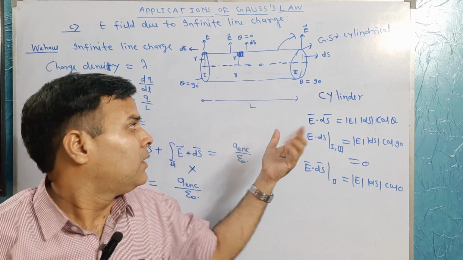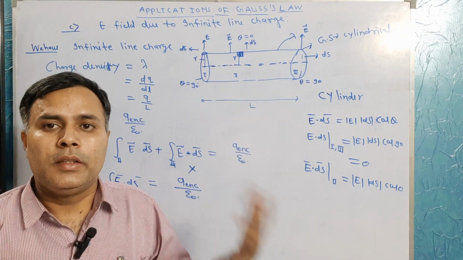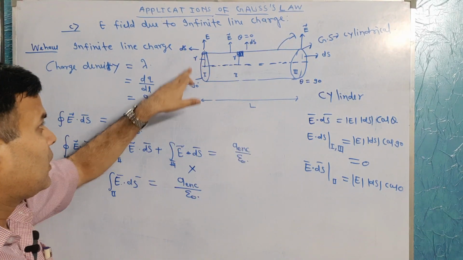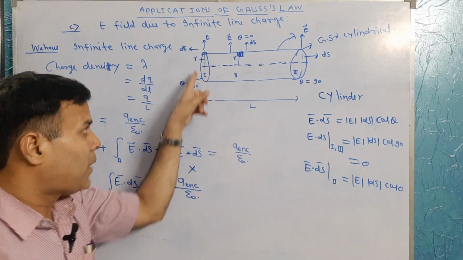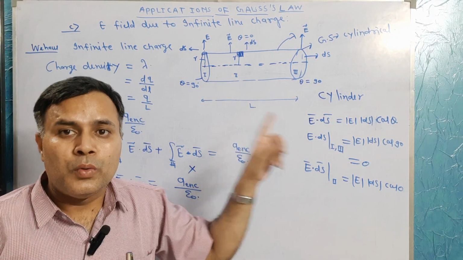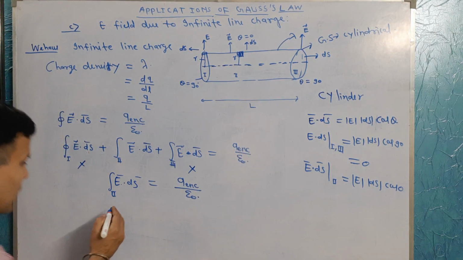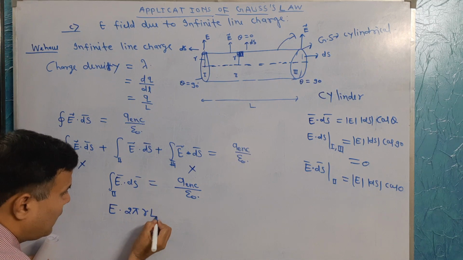But for cylindrical, what is the area of cylinder? Circumference into length. What is the circumference? If r is the radius, then circumference of this cylinder is 2 pi r and length is l. So 2 pi rl is the area. So in this case, this is E into 2 pi r into l.